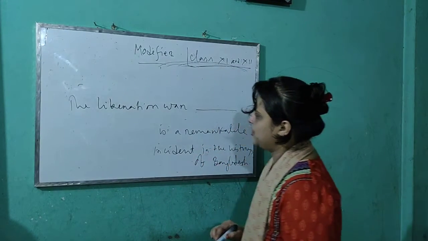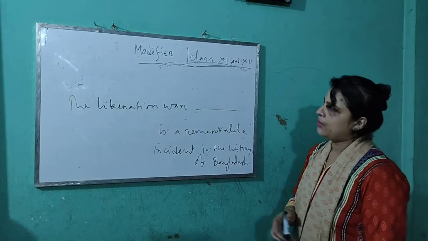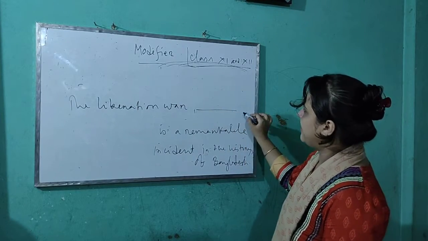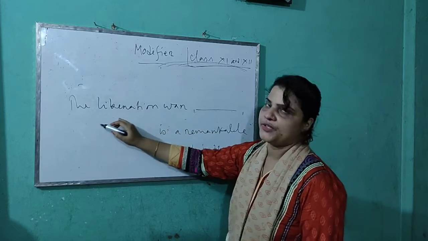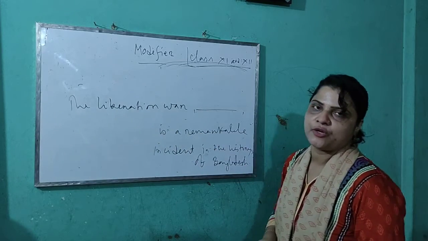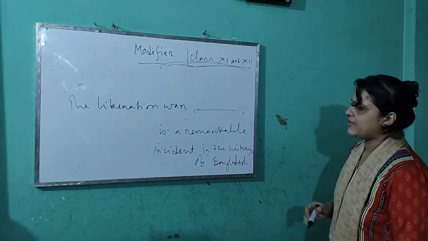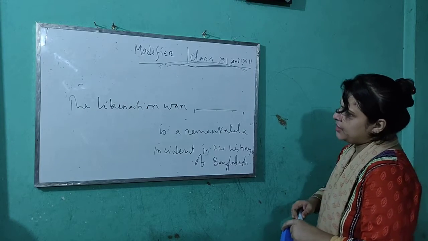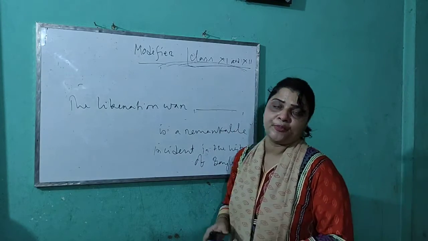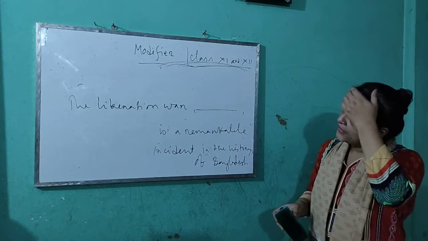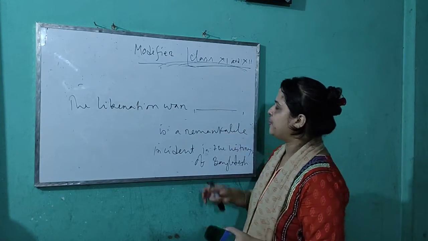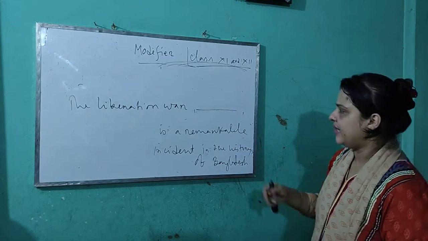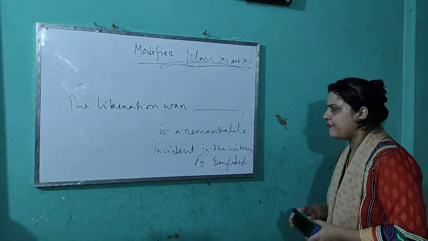So liberation war. What is liberation war? So you can use an appositive indicating what liberation war is, or what is the significance of this liberation war. It's a remarkable incident in the history of Bangladesh. So you can use an appropriate appositive. Okay. So you can say took place in 1971. Okay, is a remarkable incident in the history of Bangladesh.